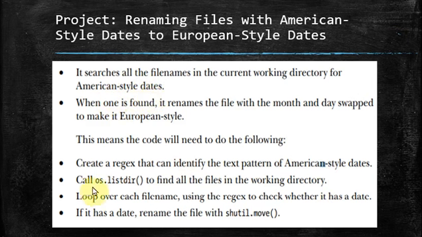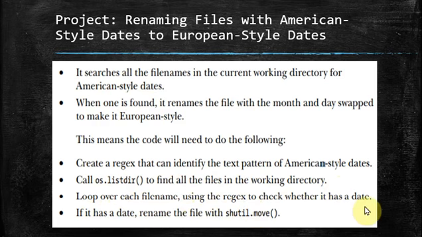Then we call os.listdir to find all the files in the current working directory. Next we loop over each file name, using the regular expression to check whether it has a date.